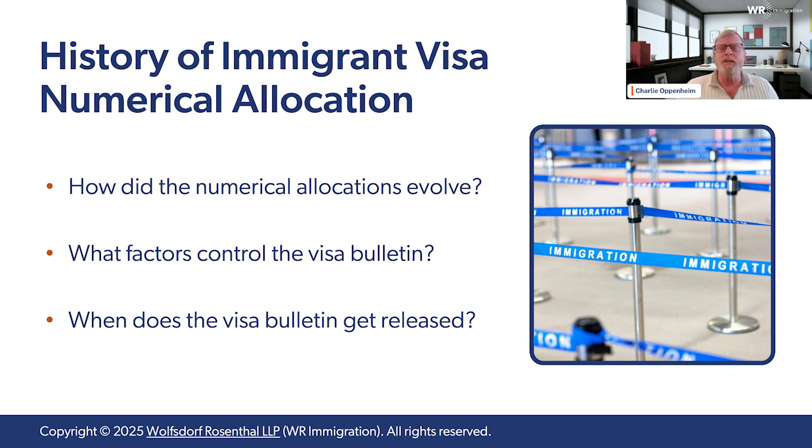Typically, the Visa Bulletin is released and posted online about the middle of the month, between the 12th and 15th of each month, to provide practitioners and those interested in the various visa categories a view of what is going on for the upcoming month.